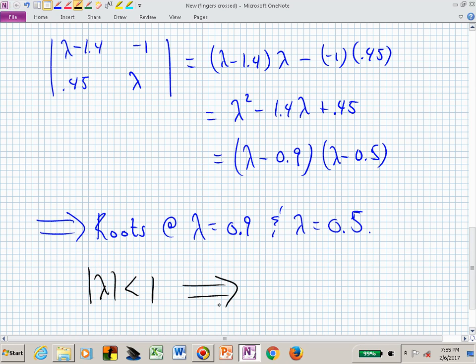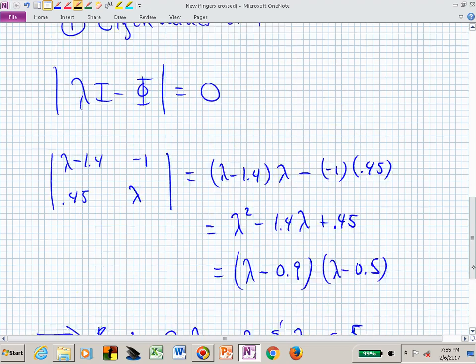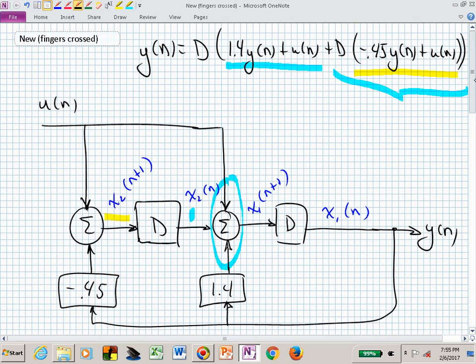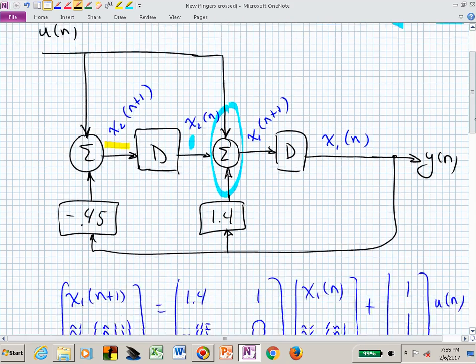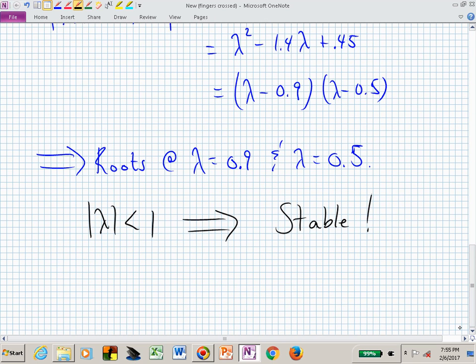And what does that tell me I can conclude about stability of my system? Now my system is stable. So if we didn't know it before, from that particular difference equation, we can now say that difference equation actually produces a stable system.